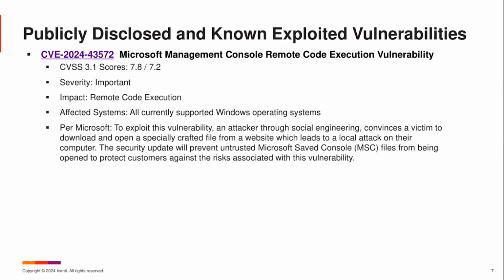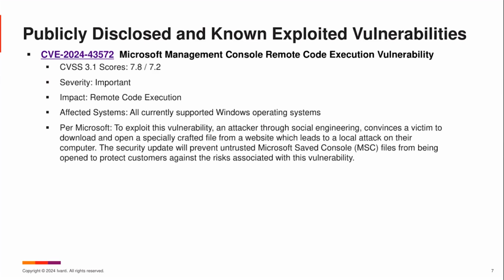So what this fix is doing is enforcing a level of trust validation when one of those MSC files is opened. The way that the threat actors can take advantage of this one is they can generate an MSC file and modify it in a way where it can exploit this vulnerability, and with that they can take advantage of remote code execution.